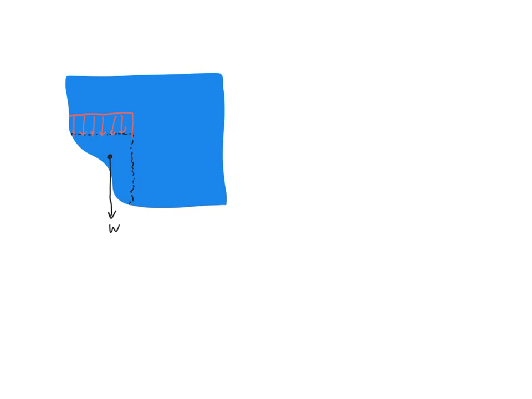So we've got this imaginary surface up here with a pressure distribution. This is exactly like our horizontal rectangular surface. We know how to figure out what the force there is from a previous video.